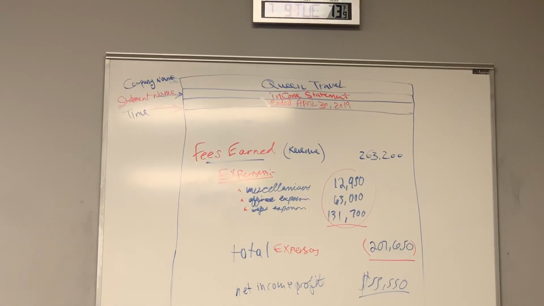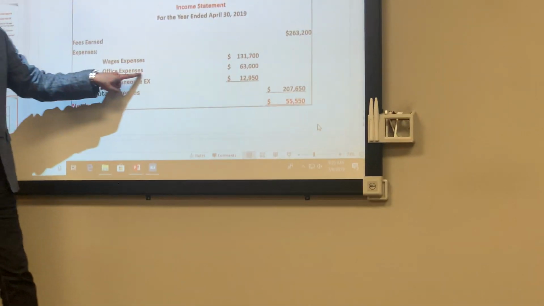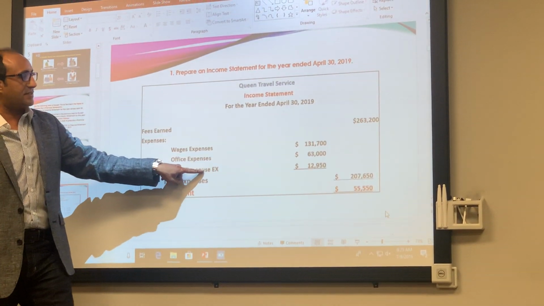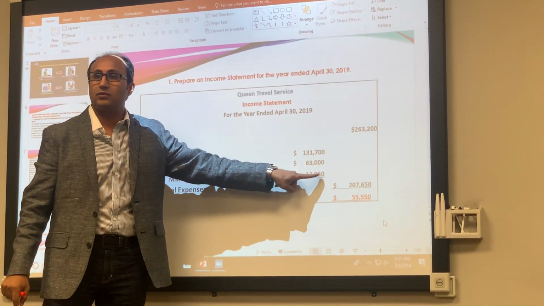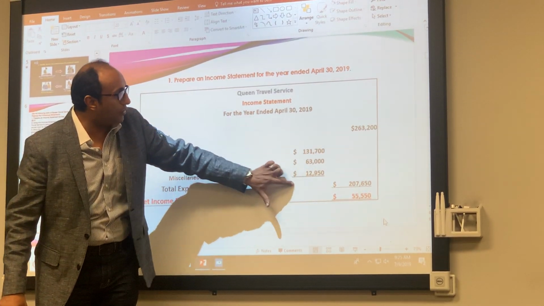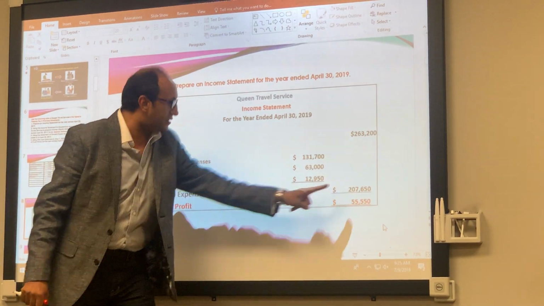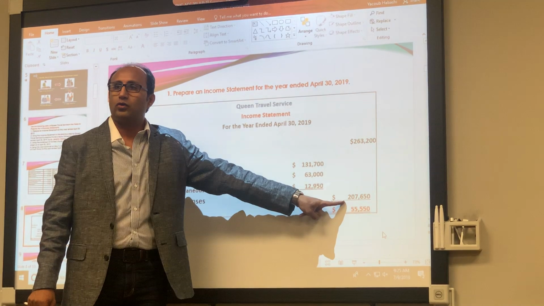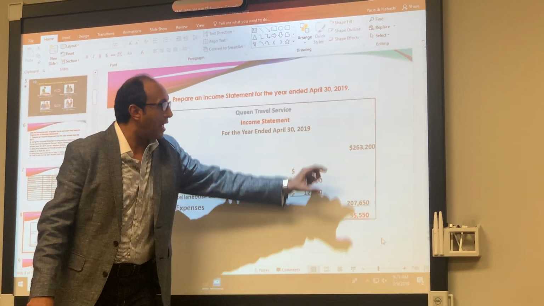Wages expenses, 131,000. Office expenses, 63,000. Miscellaneous expenses, $12,950. Count these expenses and put the total here as total expenses, as you see here, 207,650.